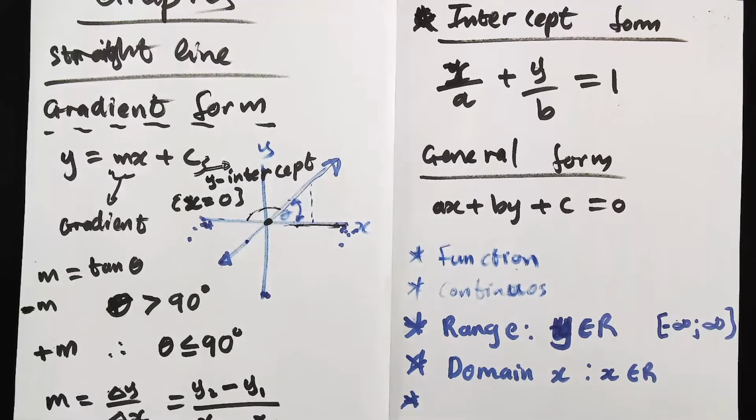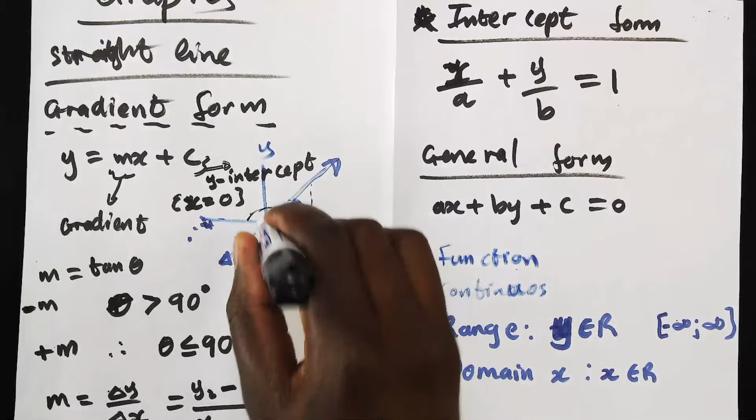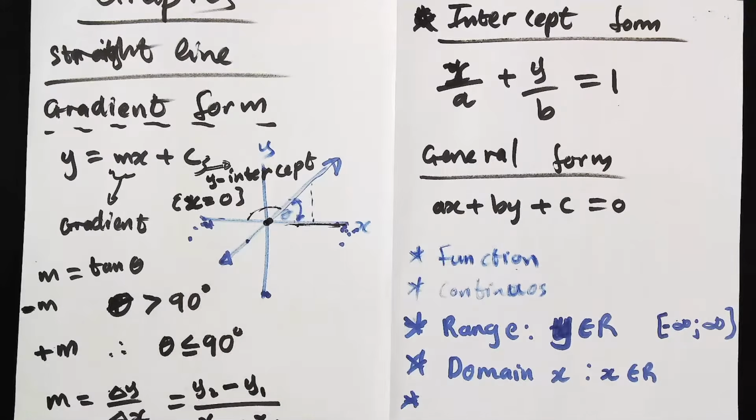When you say symmetrical, it's where if we cut the function through a certain point, or through a line, we get two equal parts. For this one, it is symmetrical about the x and y axis, isn't it?